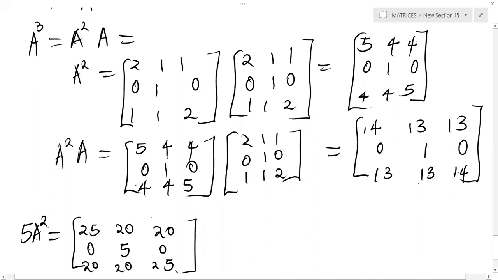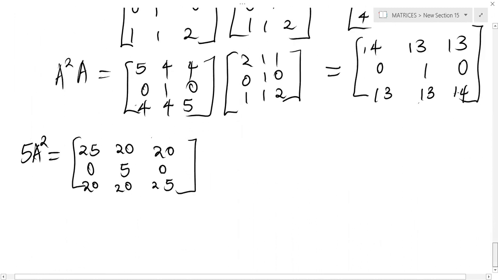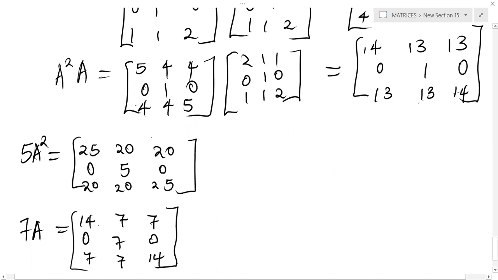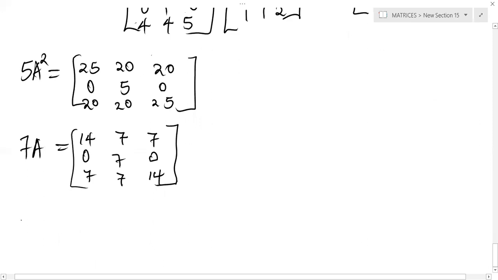And then finally we have 7A. So just taking 7, multiplying with A. So 7A is basically equal to 14, 7, 7, 0, 7, 0, 7, 7, 14, because this is the value of A. And finally, minus 3 identity. So 3 identity is basically equal to 3, 0, 0, 0, 3, 0, 0, 0, 3.